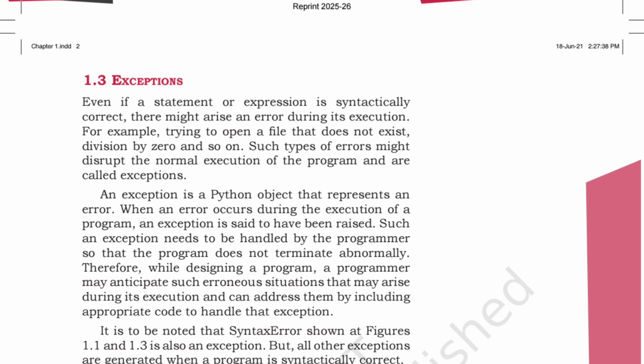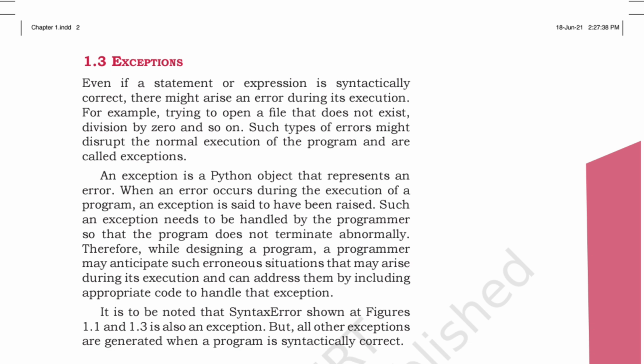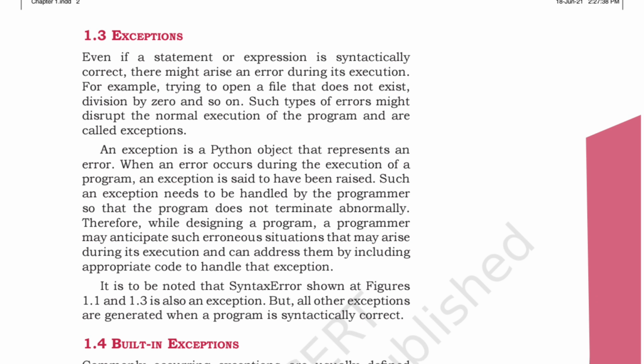These are examples of exceptions. We have to open the file and there may be an issue regarding opening the file, then division by 0. This is all about the exceptions. Such kind of error might disrupt the normal execution of the program, and that is called an exception. Means if the program does not execute normally, that is called an exception.